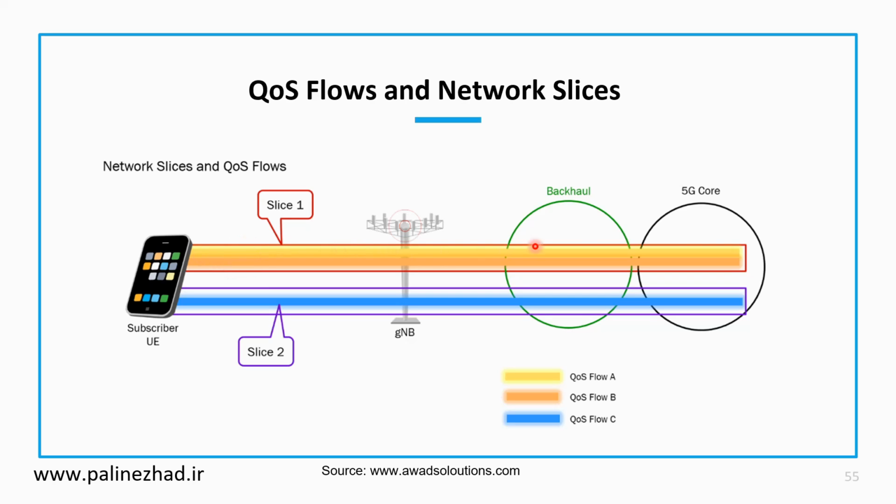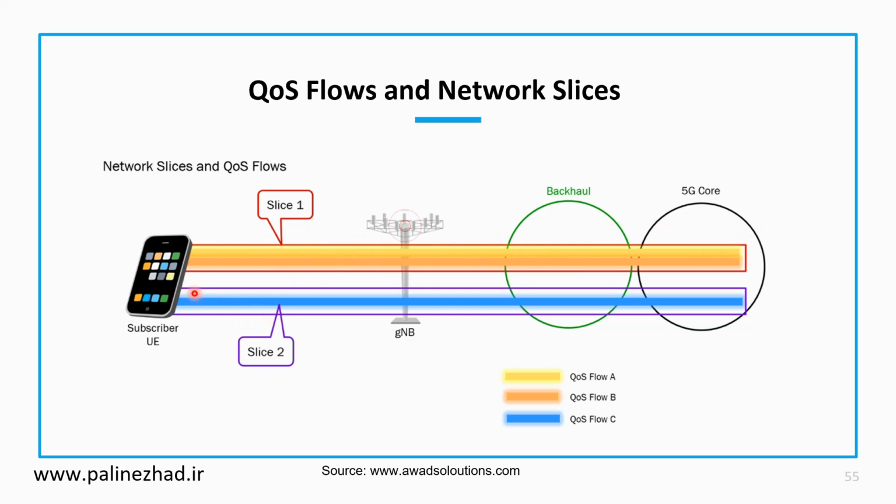You see here in the yellow slice we have QoS flow A and QoS flow B. Maybe this is for the eMBB use case, enhanced mobile broadband, and we have two different QoS flows in it. So it's one slice with two or even more flows.